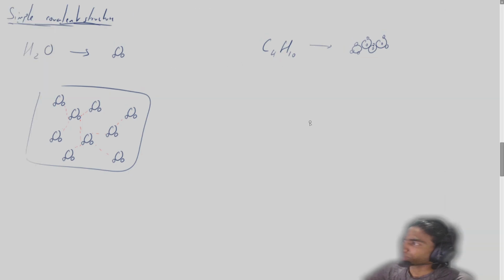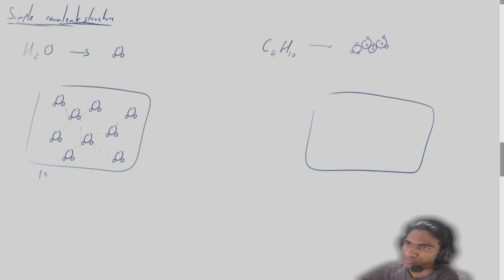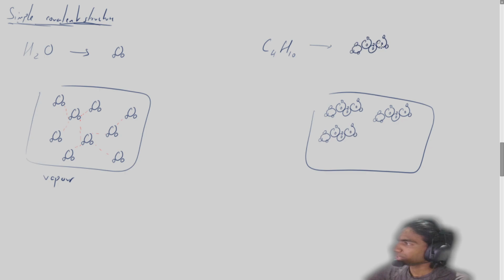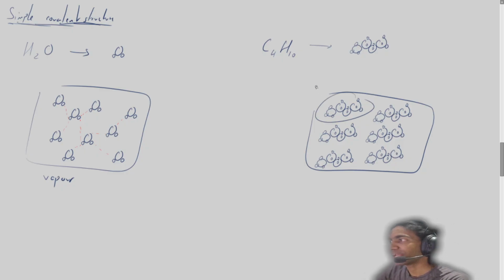So if I have butane, for example, like one here, one here, one here, one here, and one here, hopefully you can appreciate the fact that for one butane molecule, it's able to have a higher surface area, which increases the number of intermolecular forces that it can actually form.